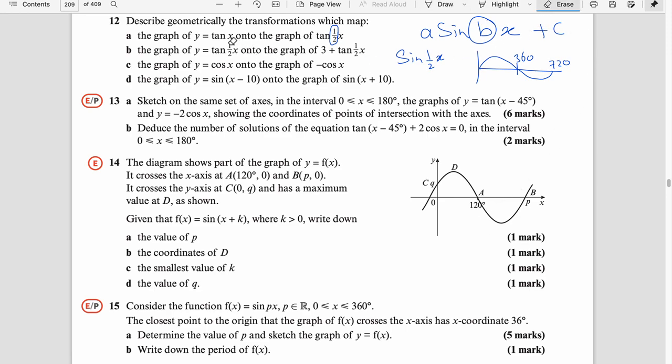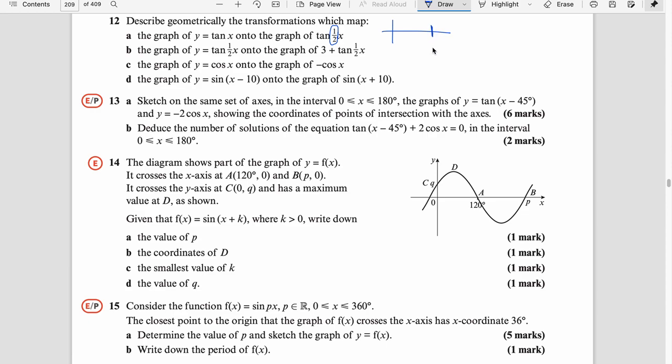So coming back to the question, tan x onto tan half of x. The original graph of tan x means that in 360 we get to see one cycle, and tan half of x means in 360 we get to see half a cycle, and in 720 we get to see a complete cycle. So this would look like this.